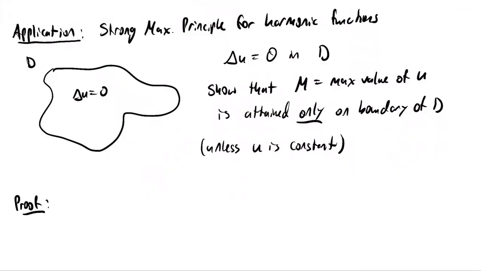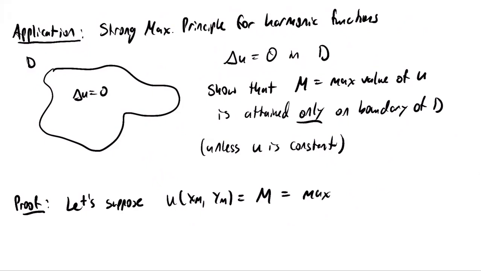Okay, so what we're going to do is, let's suppose that the maximum value is attained at a point xm, ym. So this is the max value.